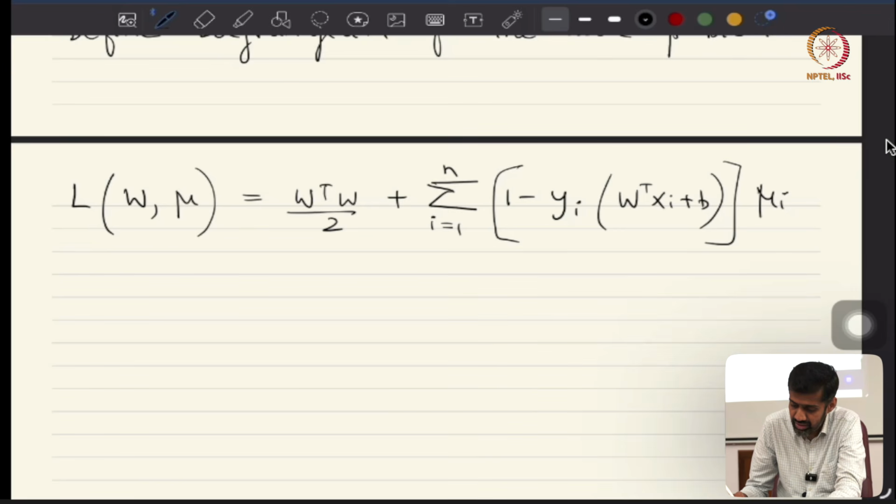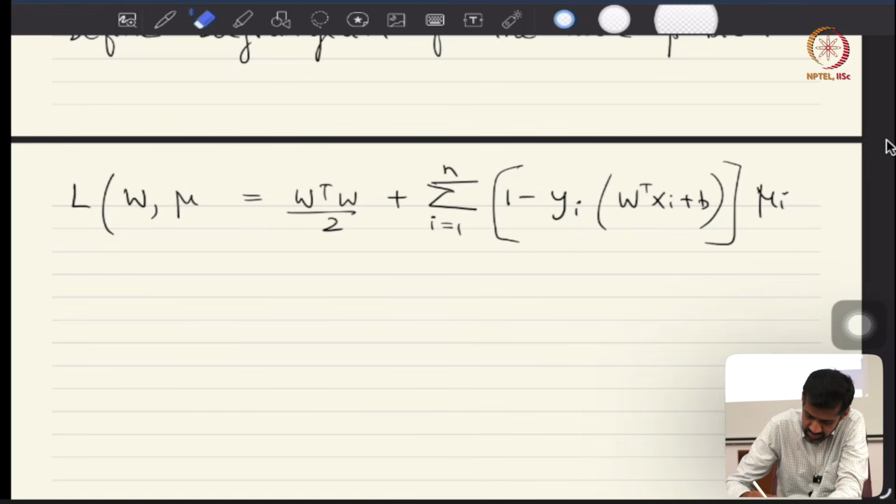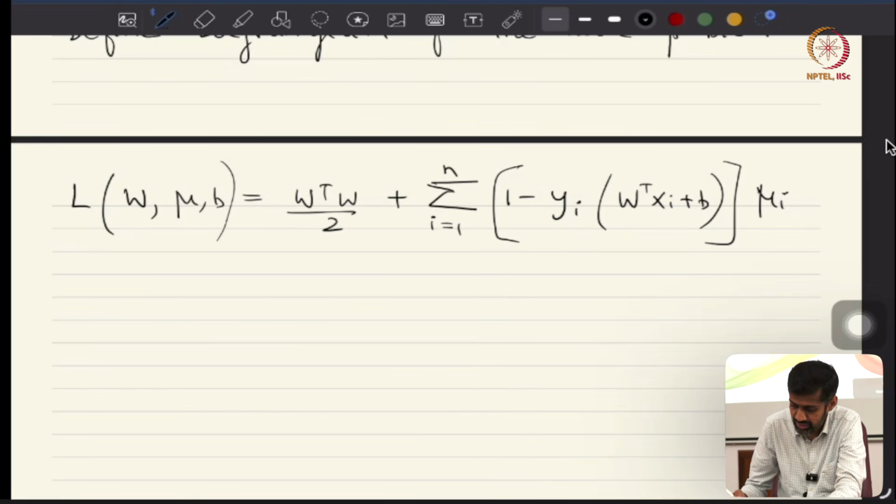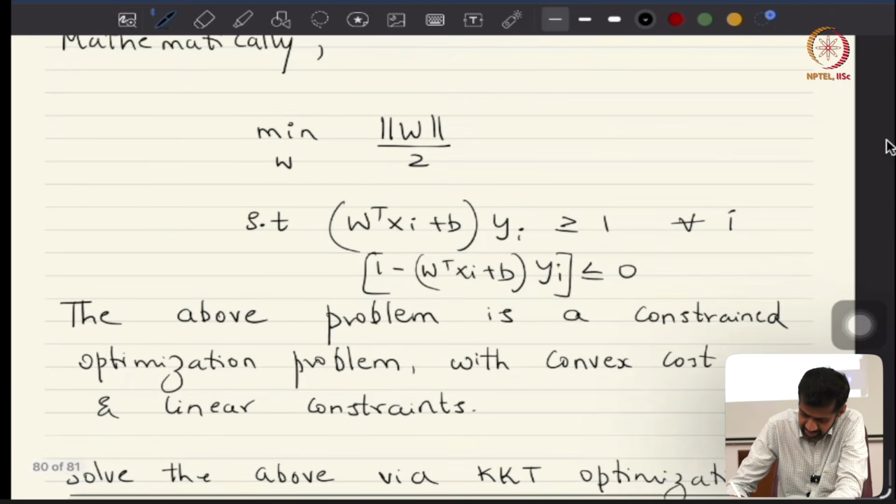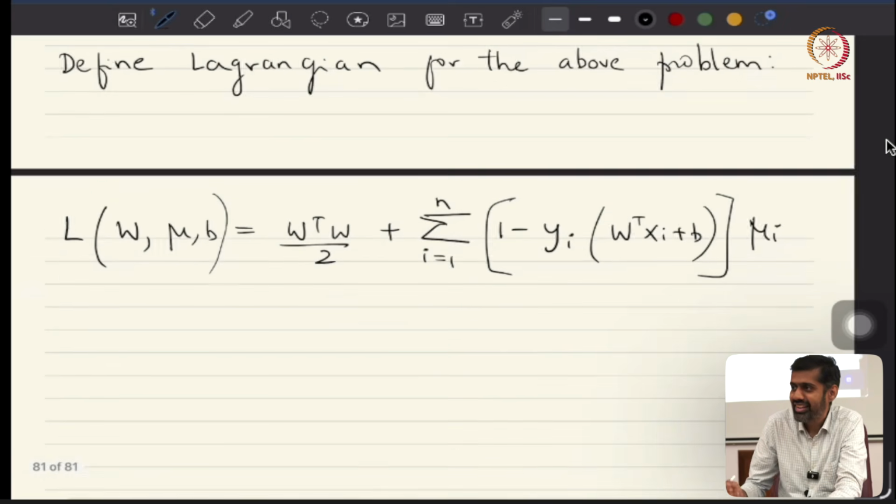Yes, there is a b as well. W transpose W is a positive number and putting a square there doesn't matter.